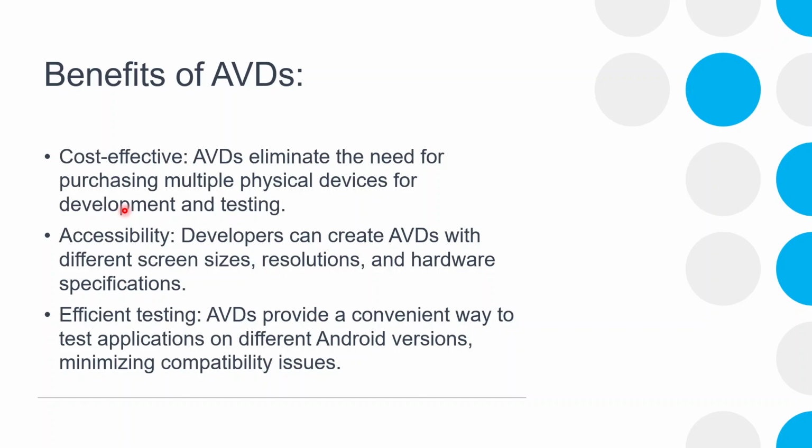We just need to create an emulator according to our requirement, like 2 GB RAM or 4 GB RAM, and we can create it with multiple screen sizes too. We don't need to purchase these things from the market.